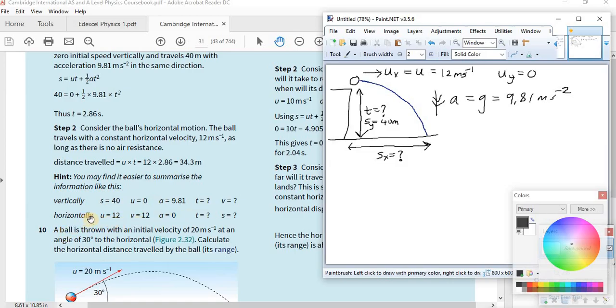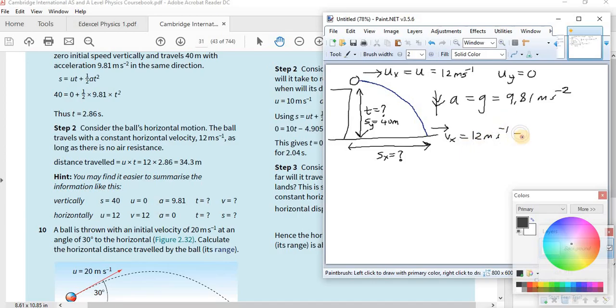And horizontally U is actually UX, that is 12. Then the final velocity also over here. In the beginning when they threw it, that is UX. Over here what we have is VX, just before it hits the ground. Again VX is equal to 12, because the horizontal velocity is unchanged.